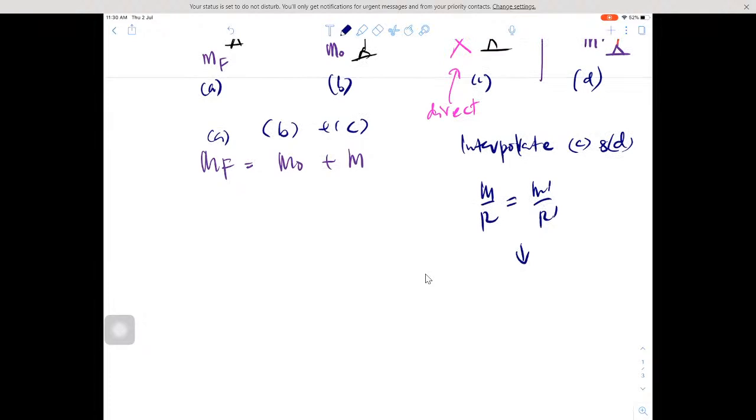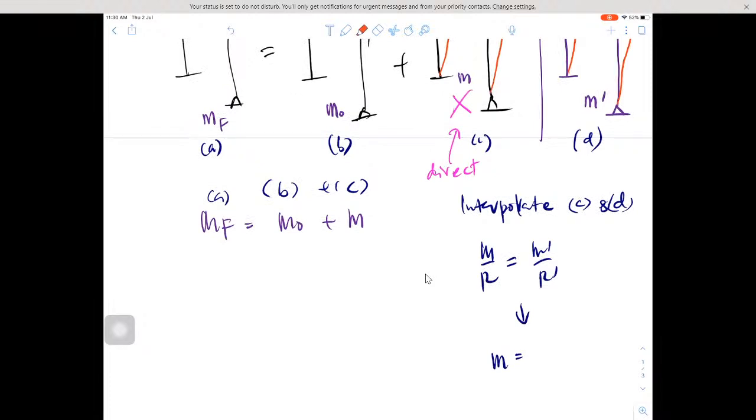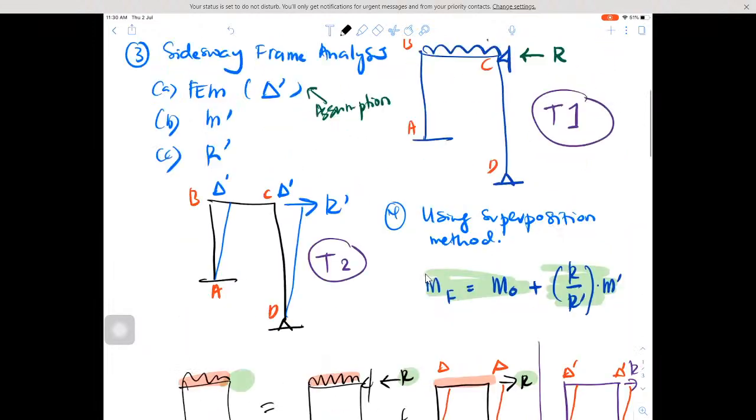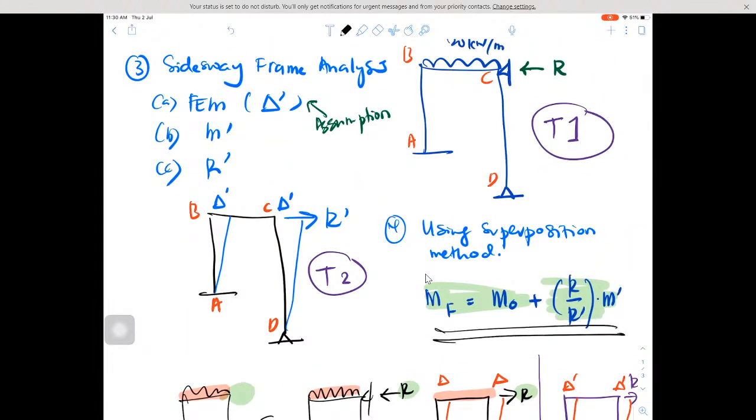So M is equal to R divided by R prime times M prime, because only M is unknown and the other is a known value. Then we substitute this into this, so we get M final equal to M naught plus R divided by R prime times M prime. This becomes the equation.